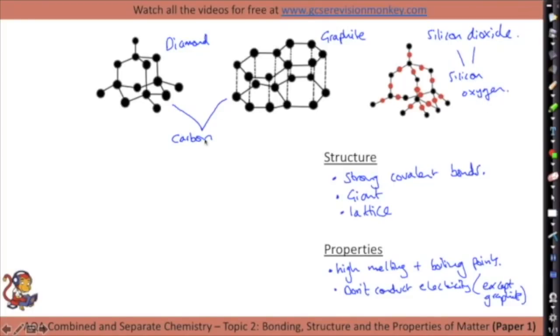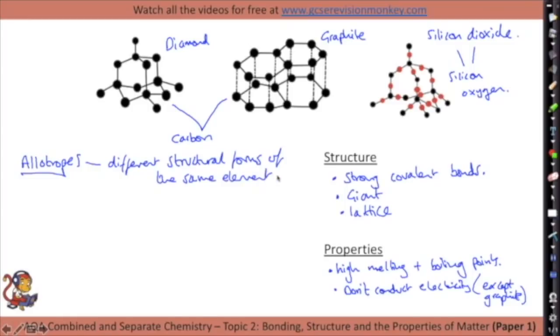So with the carbon structures here, we can describe these as allotropes of carbon. This means they are different structural forms of the same element.